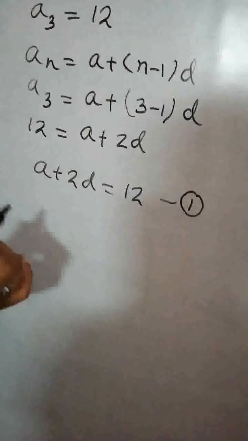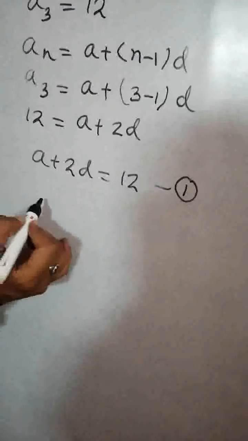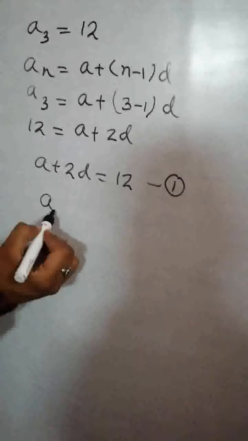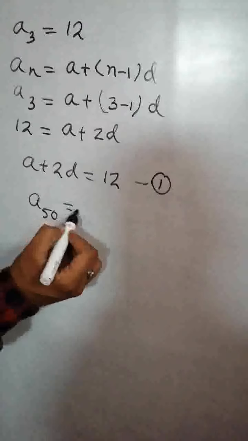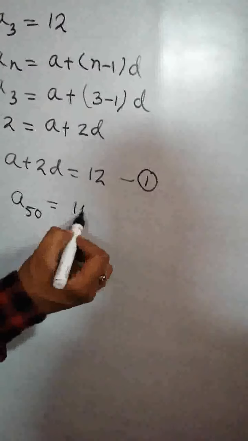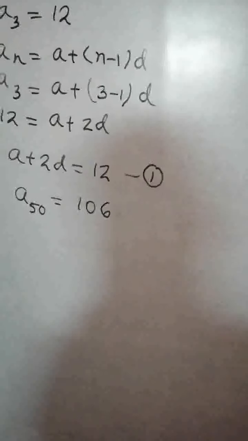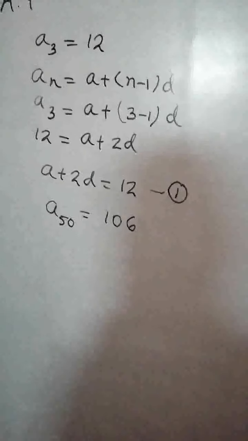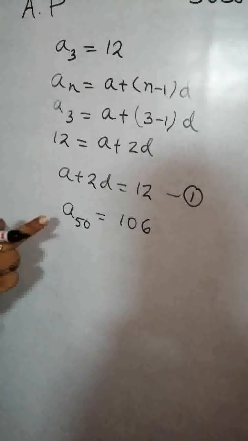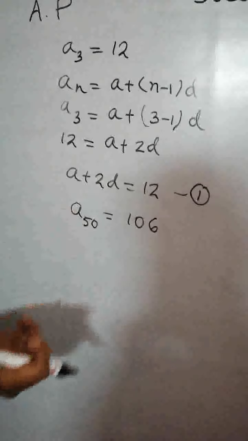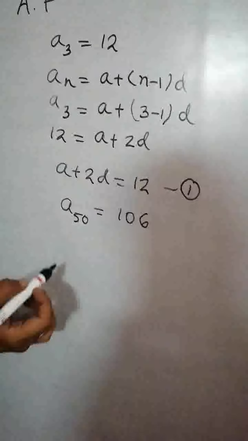Similarly, it is given that the last term of the AP is the 50th term. The AP consists of 50 terms, so the 50th term of the AP is given as 106. I wrote a_50 because the last term is the 50th. a_50 equal to 106.